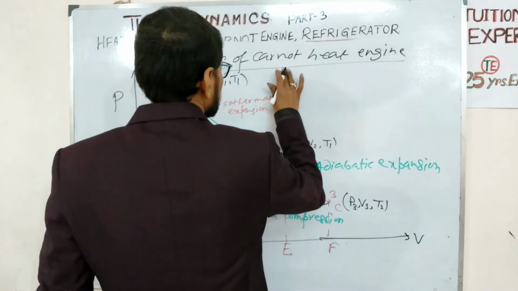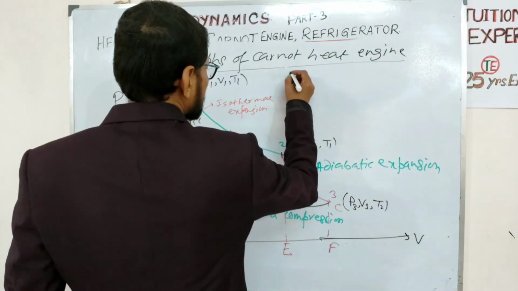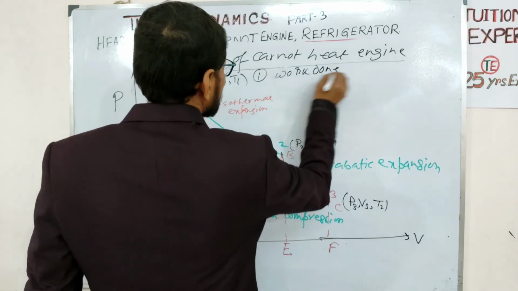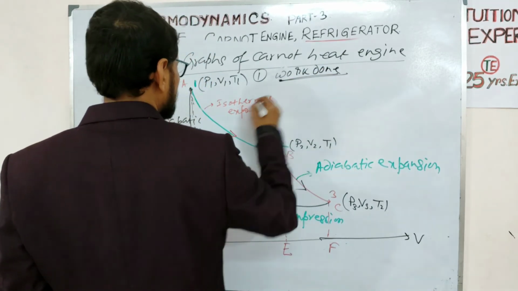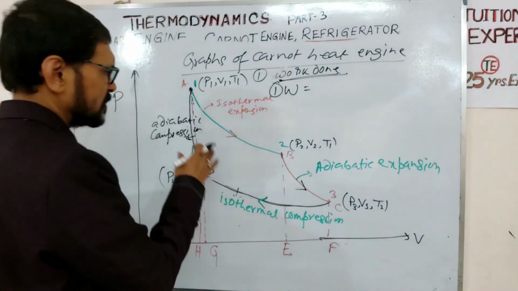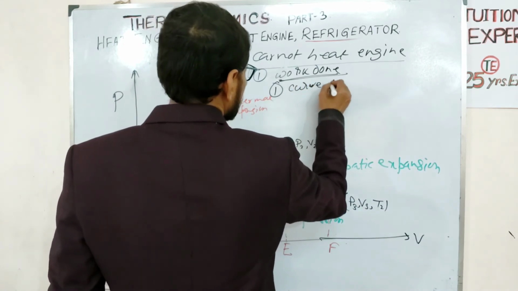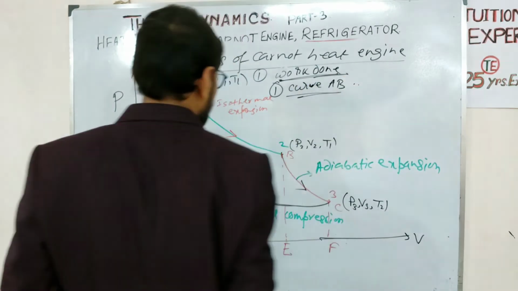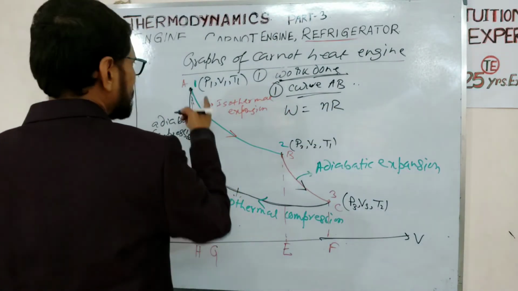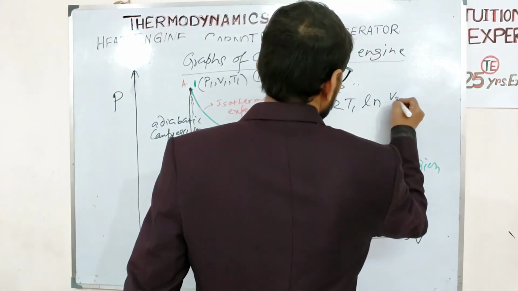Work done in different processes. AB is isothermal expansion. For process 1, isothermal expansion, that is for curve AB, work done equals nRT log V2 by V1, positive work done for expansion.